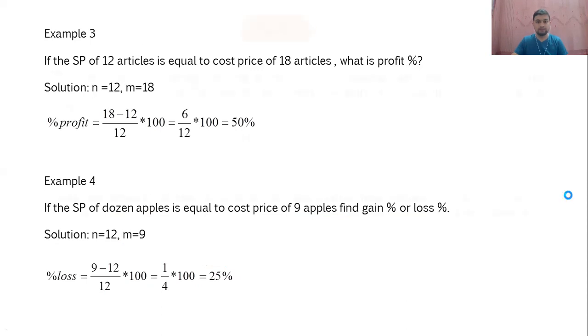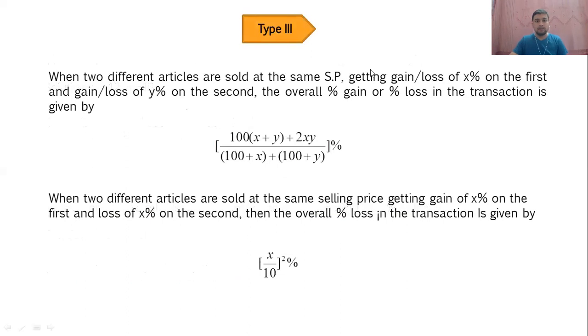Type number 3: when two different articles are sold at the same SP, getting gain or loss of X percent on the first and gain or loss of Y percent on the second, the overall percentage gain or percentage loss in the transaction is given by... See, there are two different articles which are sold at the same selling price.